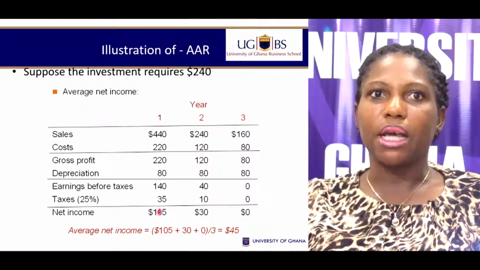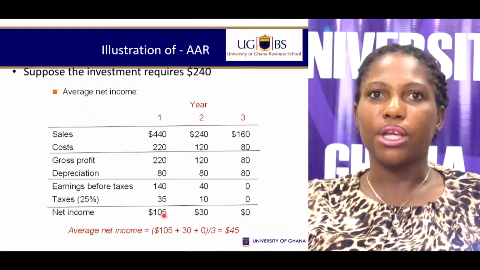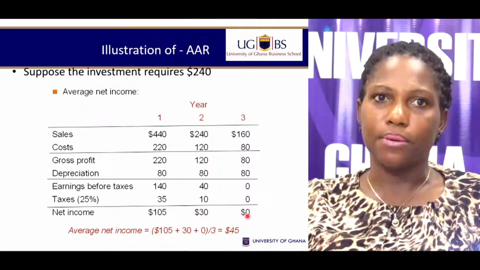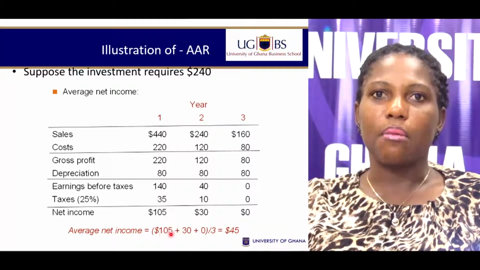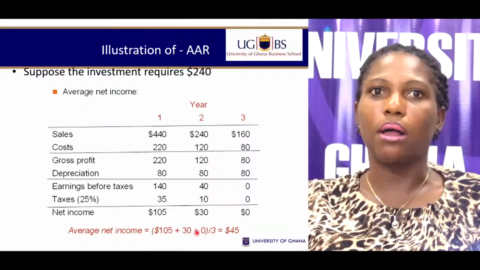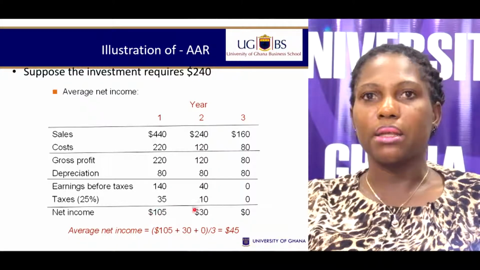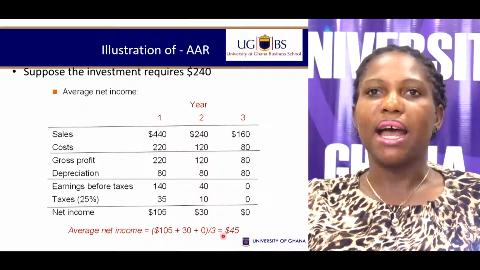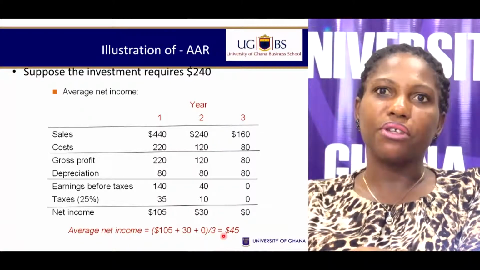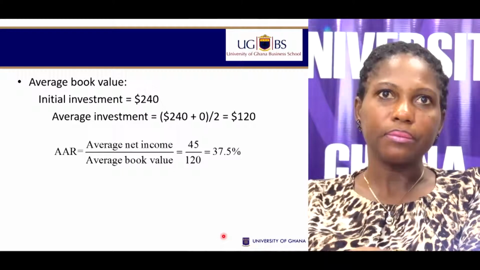Based on that, net income for year 1 is 105, for year 2 is 30, and for year 3 is 0. The average net income over the 3-year period, which means we're looking at the average annual net income, will be the 3-year net income divided by 3, and that takes us to an average value of 45.